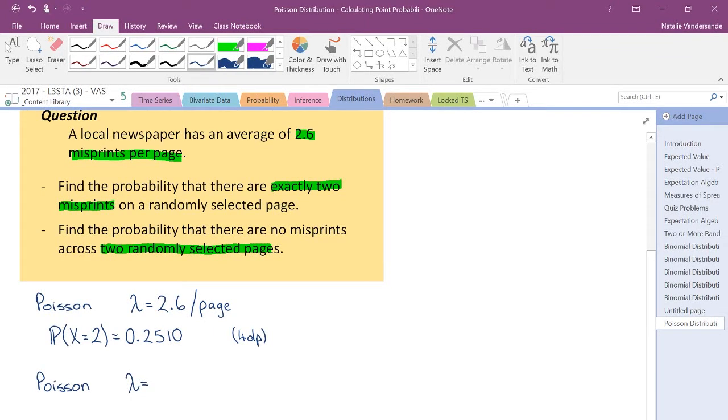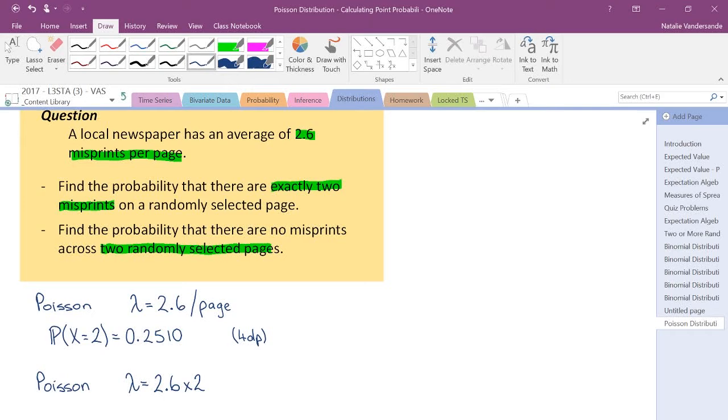Now this time, lambda is going to be 2.6 times 2. This is because the 2.6 was only per one page, and our question is asking us about 2 pages.